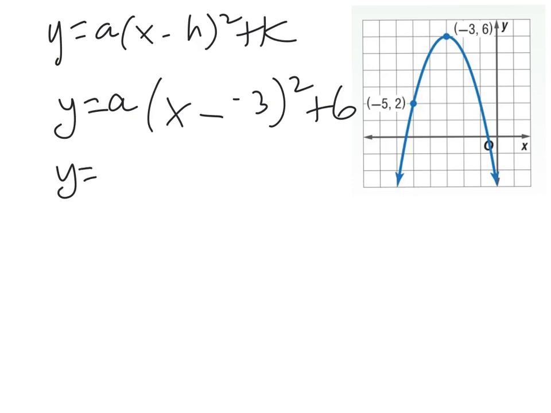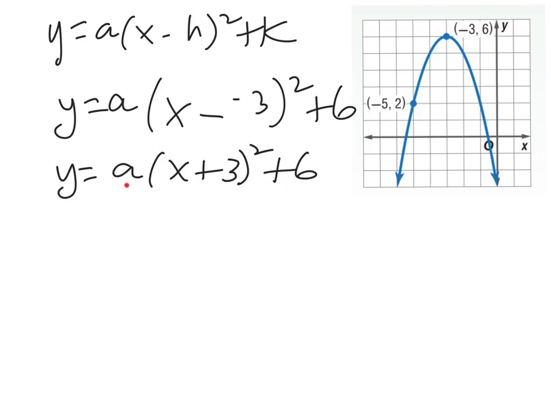I get y equals a times x plus 3 squared plus 6, because that x coordinate value is going to have the opposite sign of the sign inside the binomial. And we've talked about that, so just make sure you've got the sign right, which is why I put it in as minus a minus to start, because the h is a negative, and that's why it flips the sign. So our problem here is we don't know what a is. If we knew what a was, then we would be done.